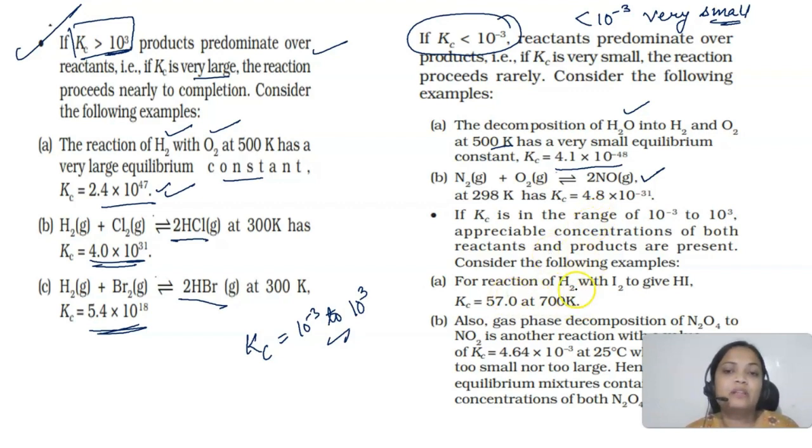For example, here hydrogen and iodine react to form HI, so here Kc is 57. So here it is neither too small, neither too large. So equilibrium mixture will have concentration of both the reactant and product. Okay. So this you must know ki the value of Kc tells us about the extent of the reaction.